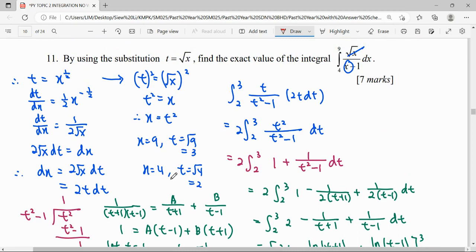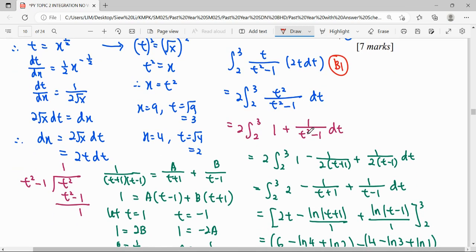Therefore, for these 7 marks, the first mark is for observing how you change all the x terms in terms of t. Then we simplify. That is the concept of simplifying. When we have an improper fraction, we do long division to get the simplest form.